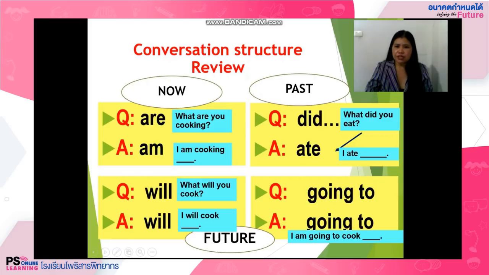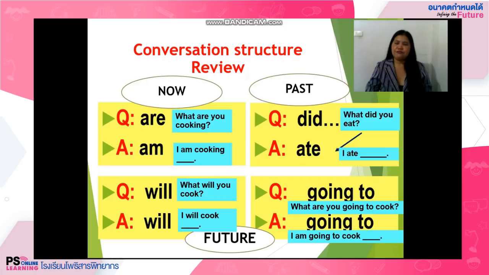So example is this one. What are you going to cook? And your answer should be, I am going to cook, and then the food that you will cook. So you can copy this, or you can take a screenshot if you are using your mobile phone.